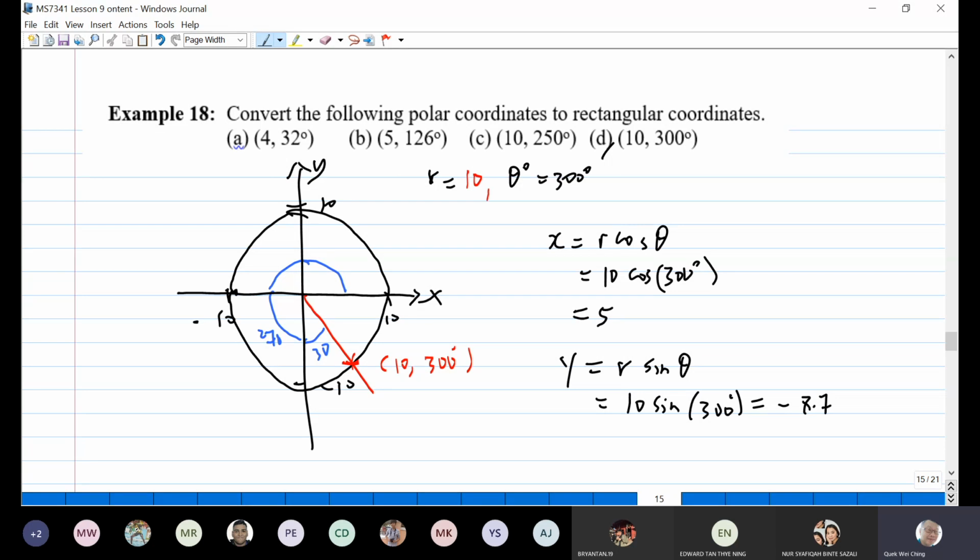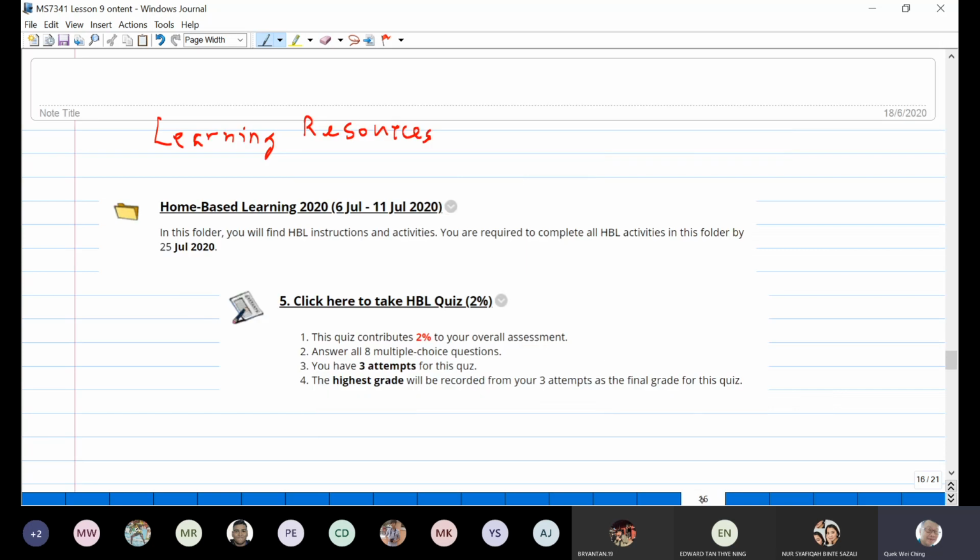And what else? You need to do a quiz starting from this week, right? So what is the quiz actually? This is what you do in the Blackboard. You go to the learning resource, then look for the folder home-based learning, 2020, 6 July to 11 July.